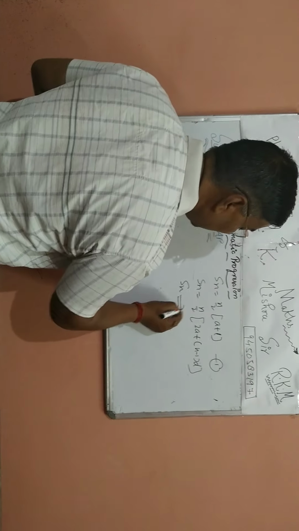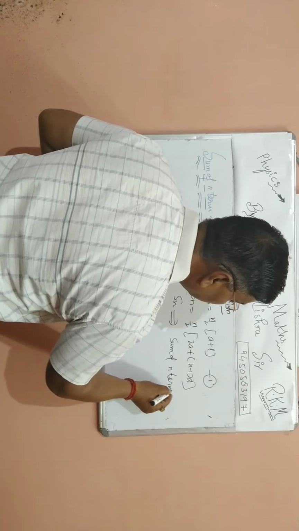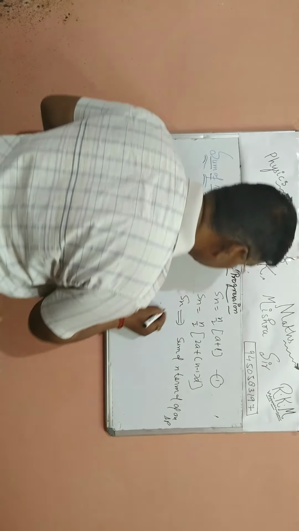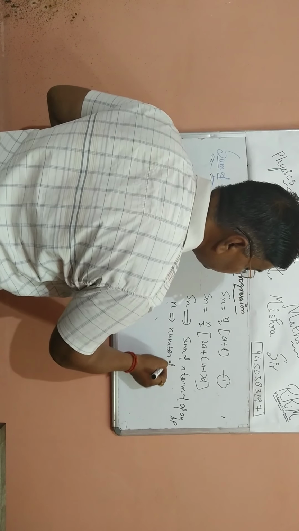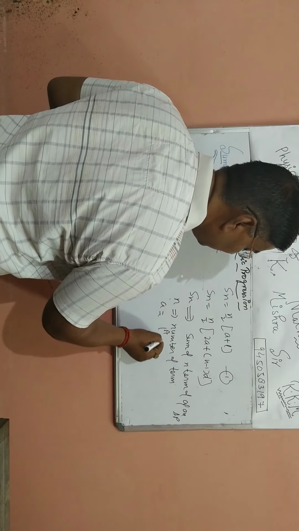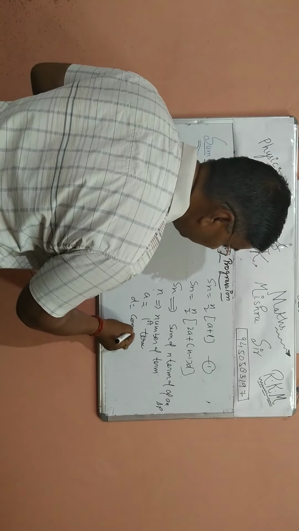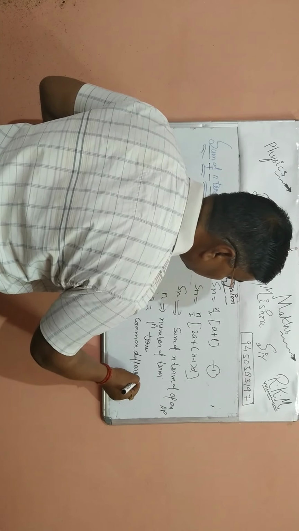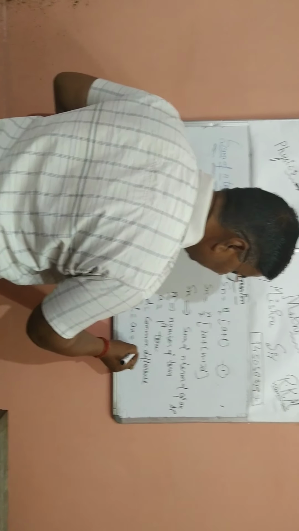Sn stands for sum of n terms of an AP. N is the number of terms, already you know. A is the first term, D is the common difference, L is equal to An, that is the nth term.